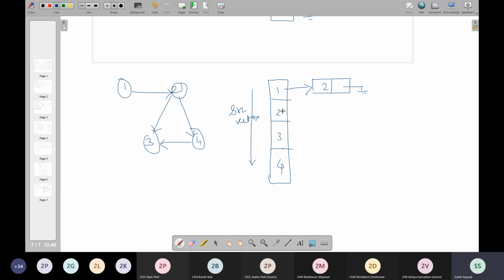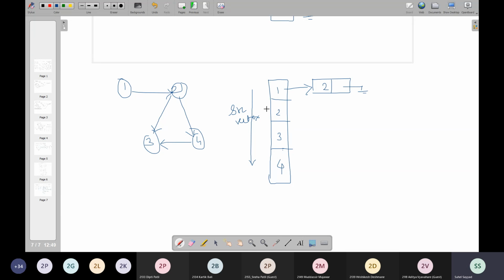Now, when I'm creating the linked list for 2, I have to treat 2 as a source for those edges. In which edges is 2 acting as source? In edge 2, 3 and in edge 2, 4. Now here we should understand that for this particular edge, that is edge 1, 2, 2 is a destination, right? So this edge will not contribute in the linked list of 2.